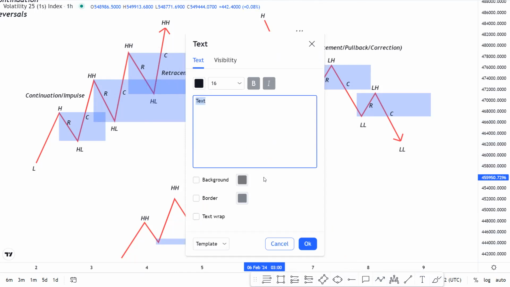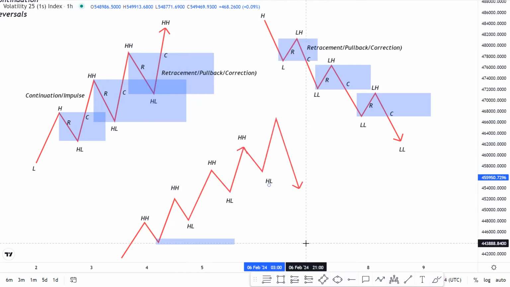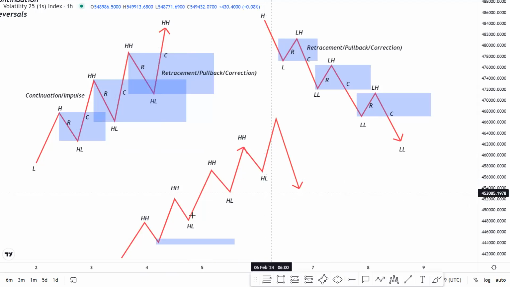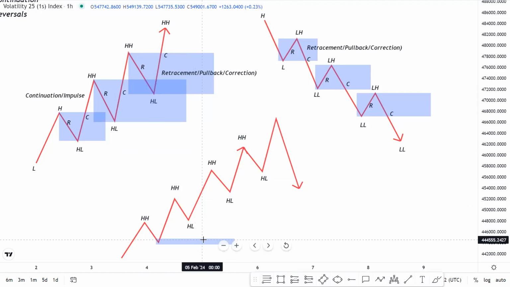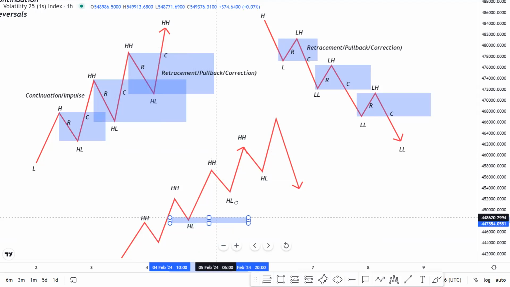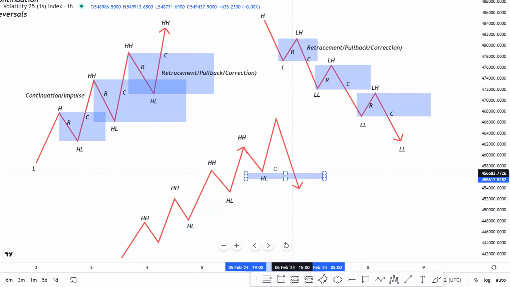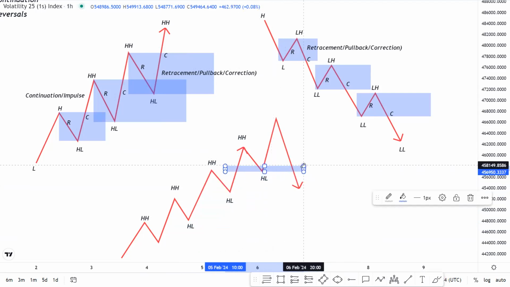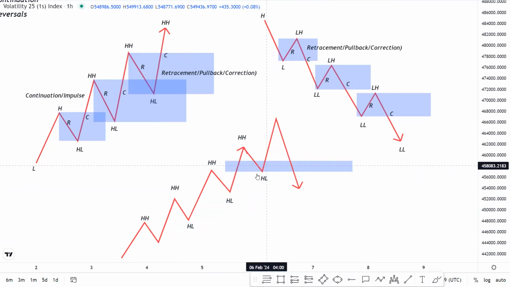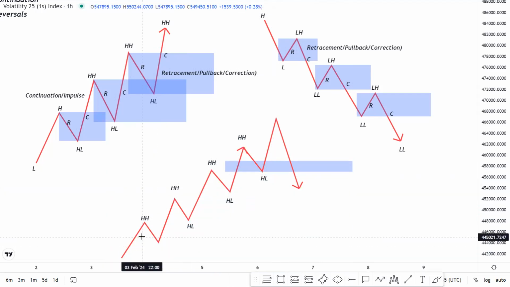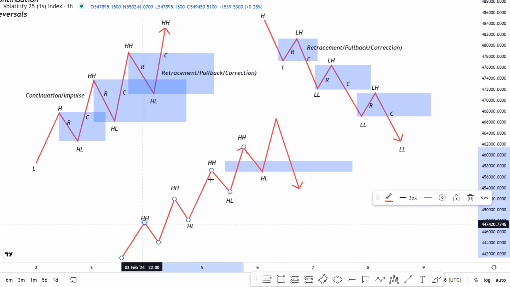Now, how do we identify when these reversals kick in? Clearly, from an uptrending market, like I said, we want to see the market keep providing us higher highs and then higher lows. And for as long as price stays above the most recent higher low, we have the uptrending market still very much valid.